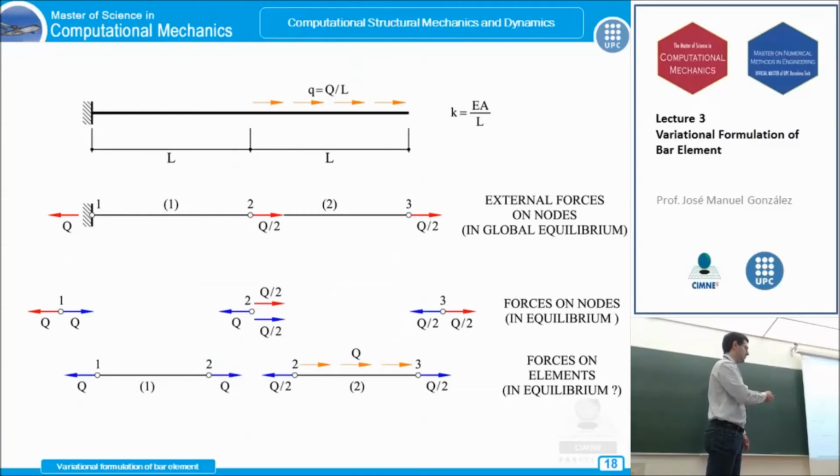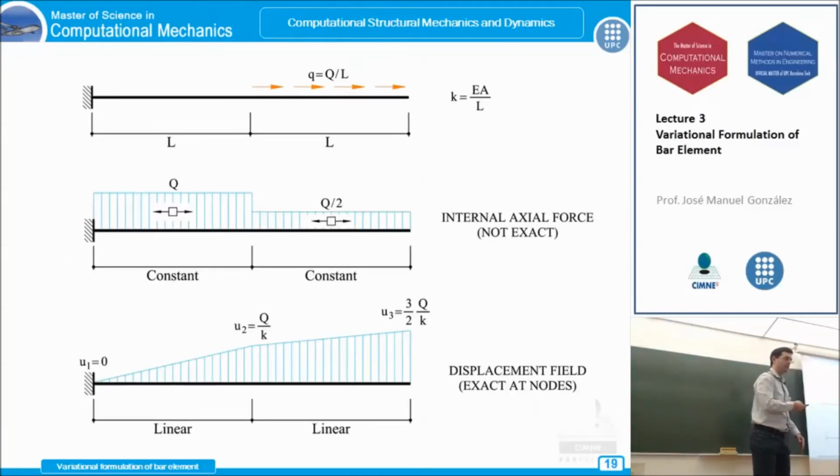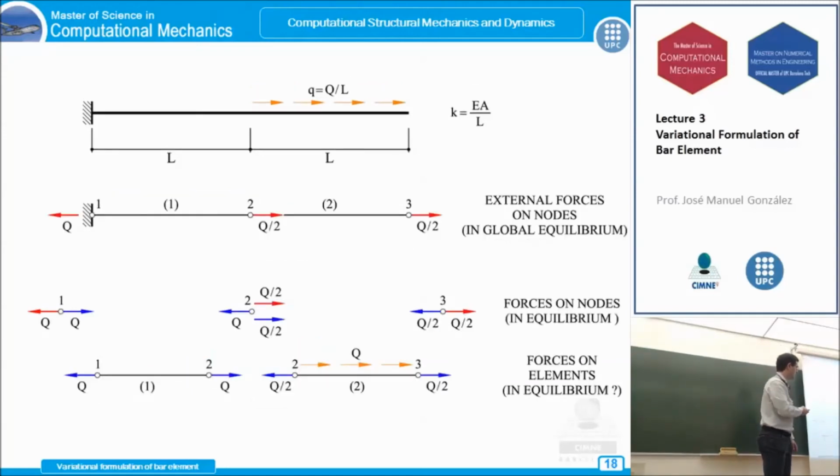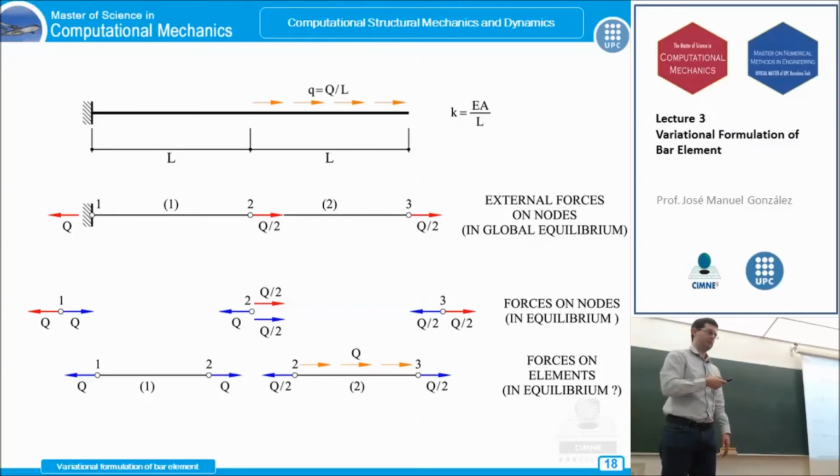So the discretization is a very important part in the solution of the problem. If our discretization is finer and finer, this solution will approach the real solution, the analytic solution. But the only thing we are sure of is that we get the real solution in the nodes for the external forces and above all for the internal forces, but not in the elements.